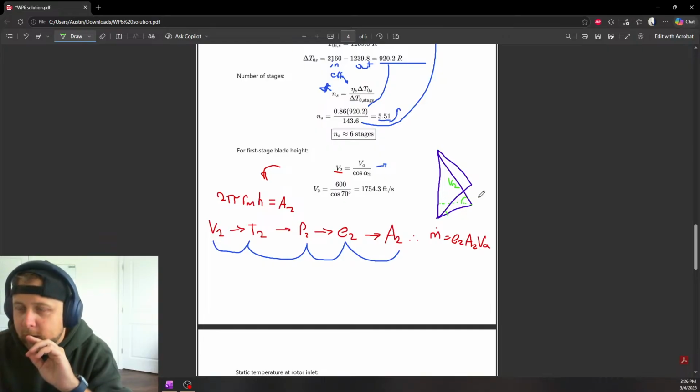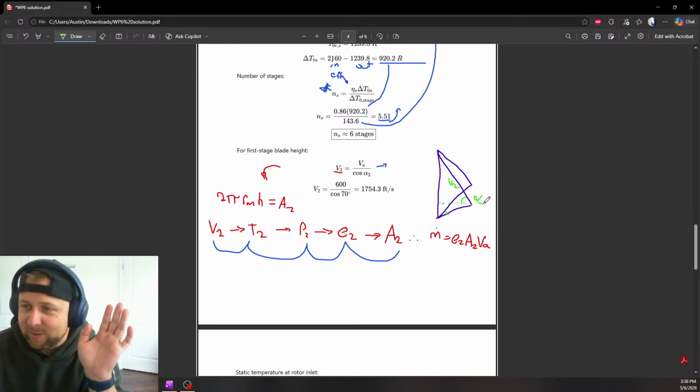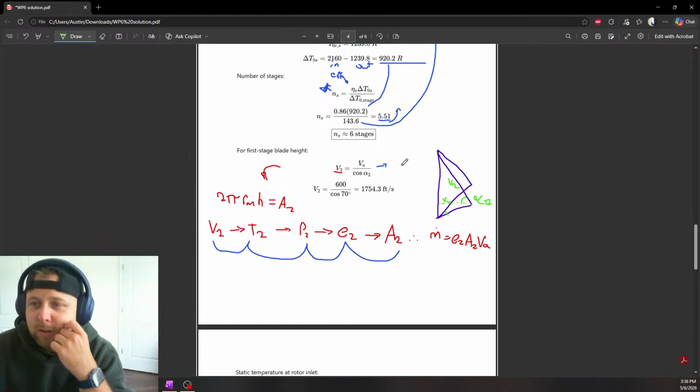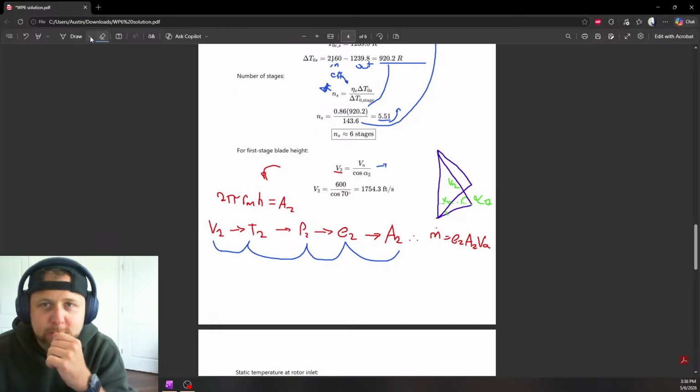So this one right here. There we go, that's what I'm looking for: alpha 2. This is my alpha 2 I'm using to find V2 and VA, because VA is the adjacent over the hypotenuse, not the opposite. Done. Oh my gosh, dude.